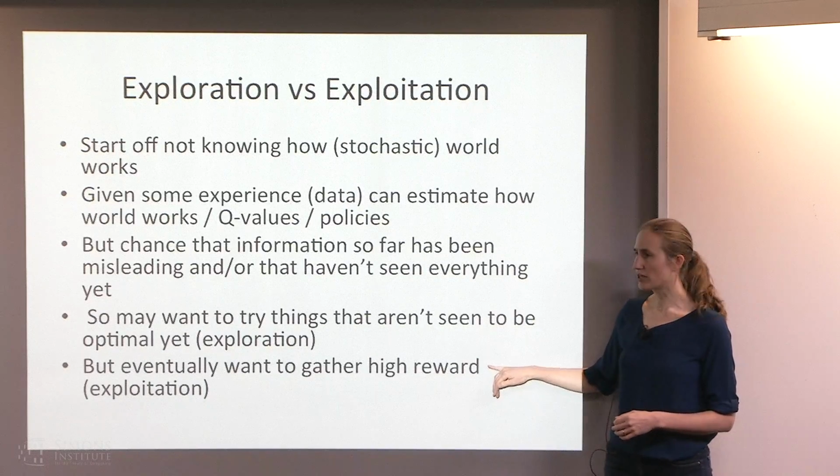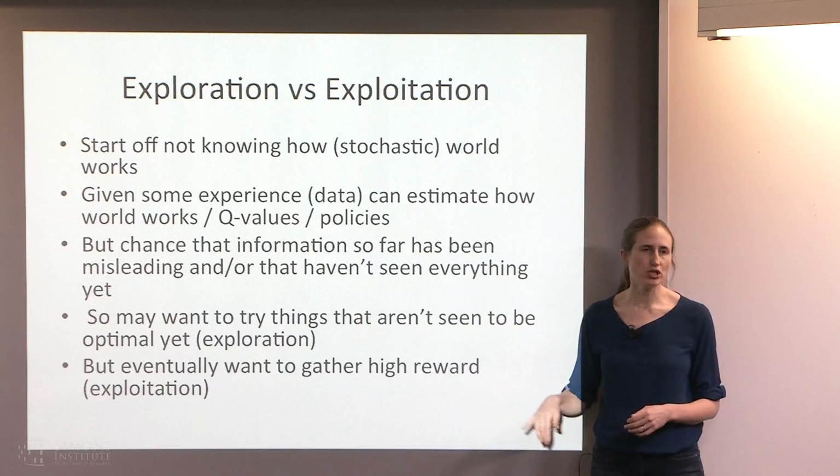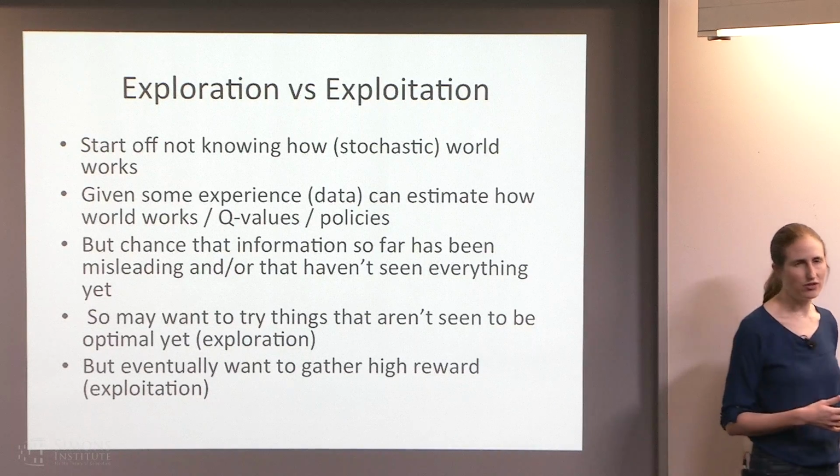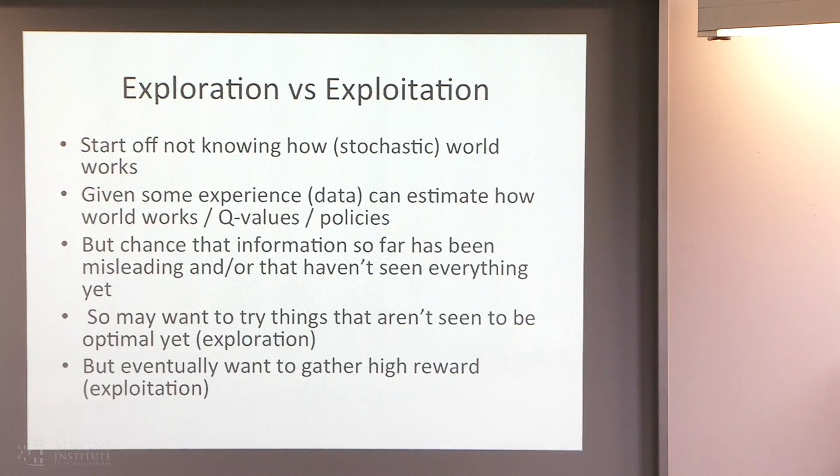But eventually you want to gather high reward. So eventually you want to be exploiting the knowledge that you have about how the world works in order to gather high reward. And so this is the tension. The agent itself is responsible for collecting the data it uses to then estimate how the world works. And so it has to think carefully about how to gather that data so that it can actually learn to achieve high reward over the long term.